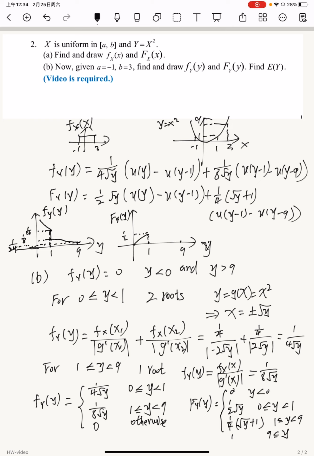The first part rises to 1/2 at y equals 1, and the second part reaches 1 when y is 9. This part is root y over 2, and this part is 1/4 root y plus 1, and the last part is 1. That's it.